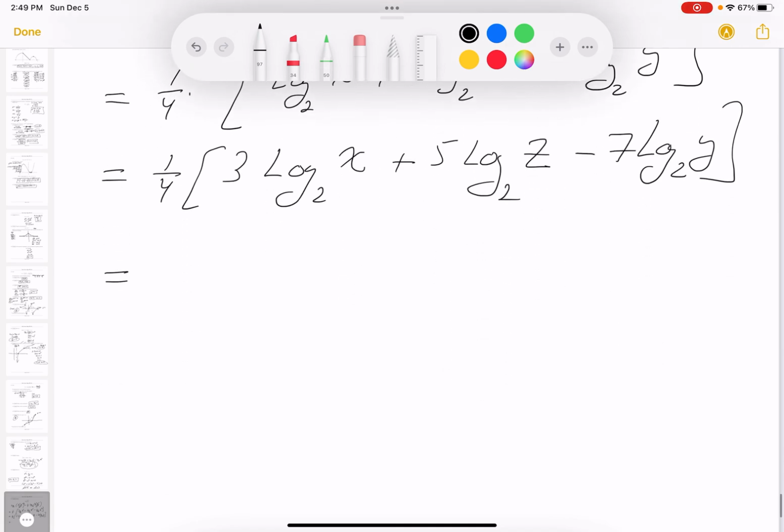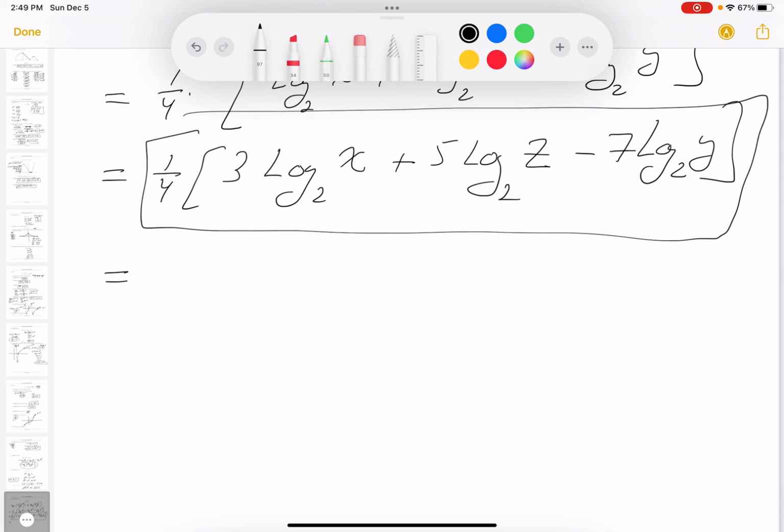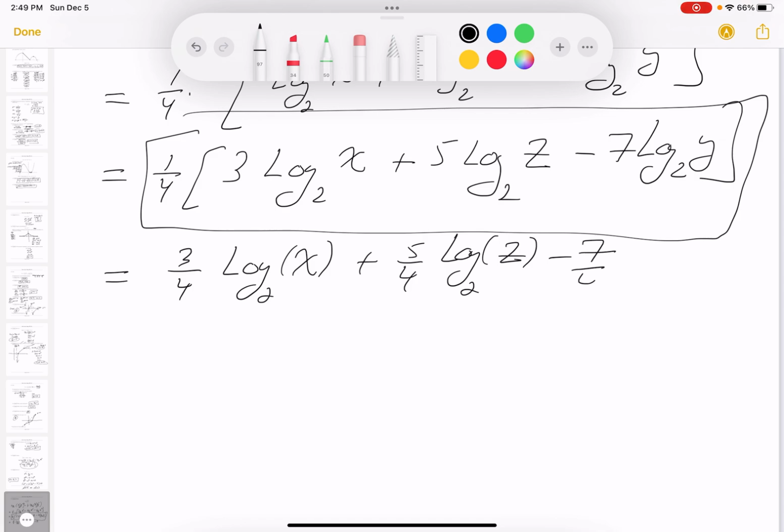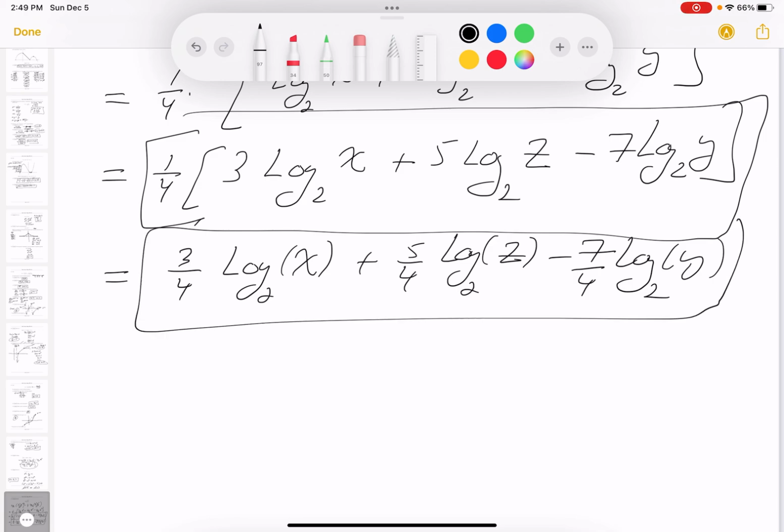Let's keep expanding it. And by the way, if you did this, this is fine. It's 100%. This is going to be 3/4 log 2 x plus 5/4 log 2 z minus 7/4 log 2 y. And that's it. Thank you.